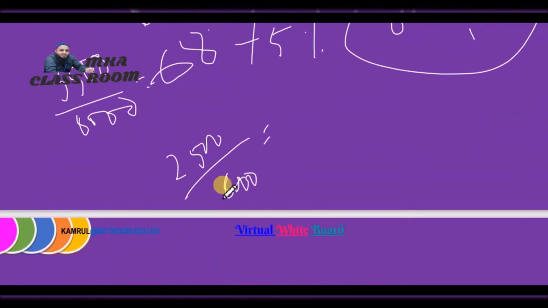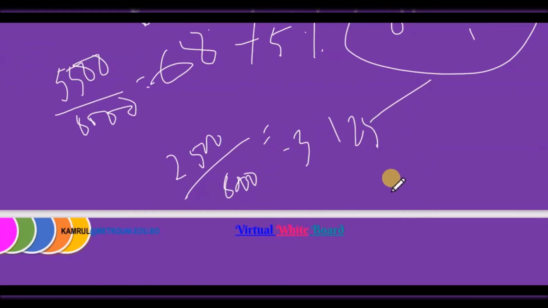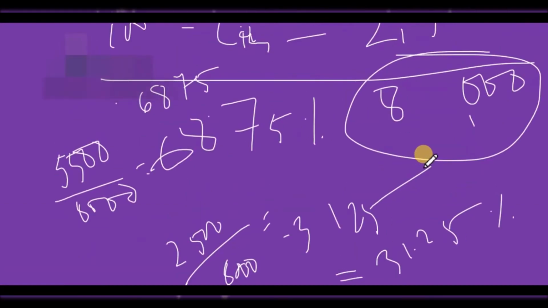On the other hand, for Cisco, 2,500 divided by 8,000 is 0.3125, or 31.25% of the total investment is in Cisco. So in this way we can calculate the weights.